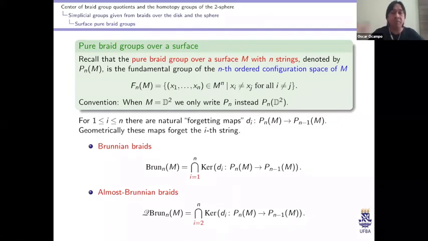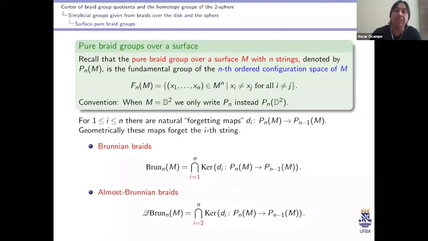It's not the complete intersection of kernels, but almost. It is very well known that these Brunnian braids were used by Berrick, Cohen, Wong, and Wu to establish the first connection of braids over surfaces and the homotopy groups of the sphere.